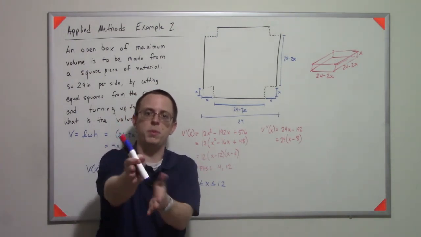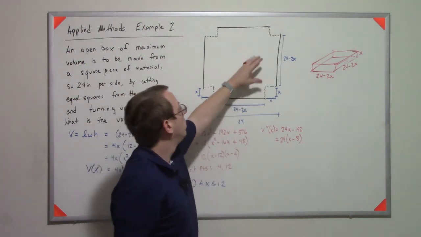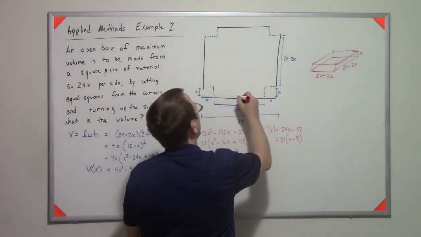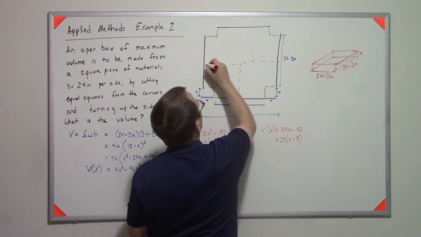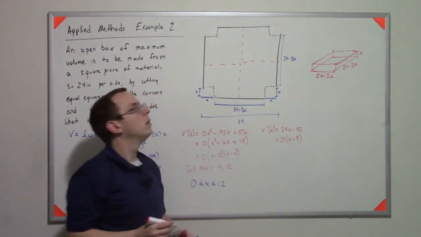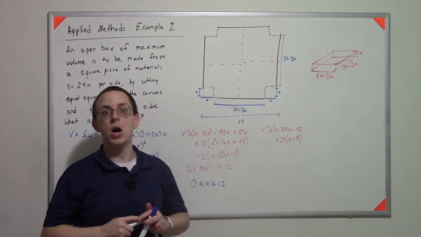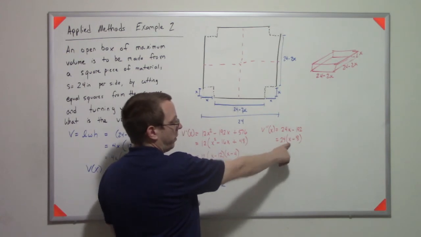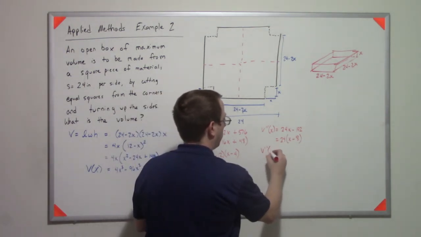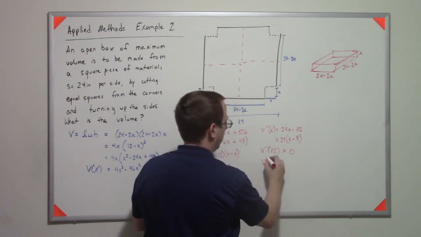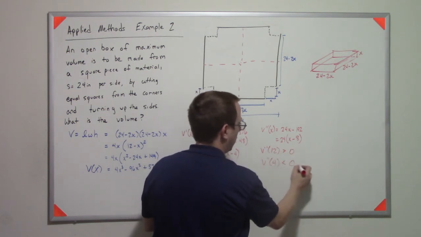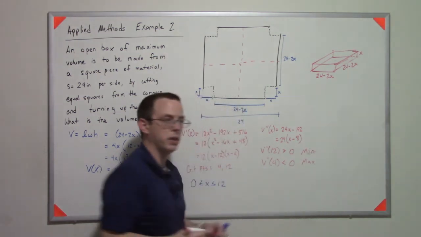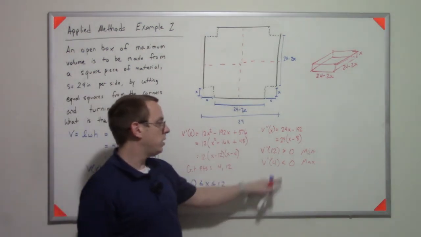You have a piece of paper that you'd end up cutting into those 4 rectangles, and you wouldn't really have a box. If you put 12 in here, V double prime of 12 is positive, V double prime of 4 is negative, which is a min and a max respectively. So the second derivative test tells us that this is our maximum.